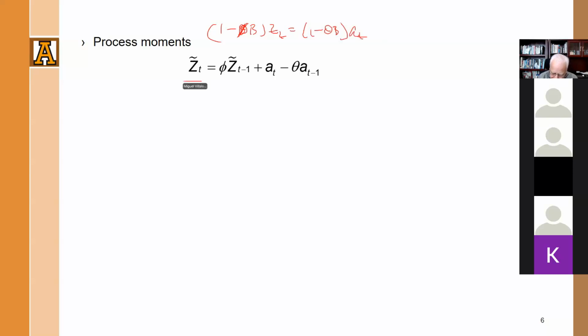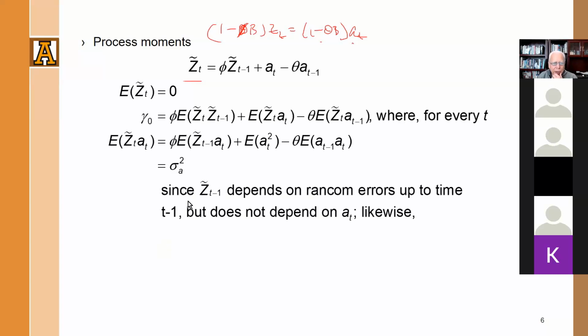Then I have Z_t is equal to phi Z_{t-1} plus A_t minus theta A_{t-1}. Let's compute the moments. We know that the expected value of Z tilde is 0, because Z tilde is Z_t minus its mean. So its expected value is going to be 0.